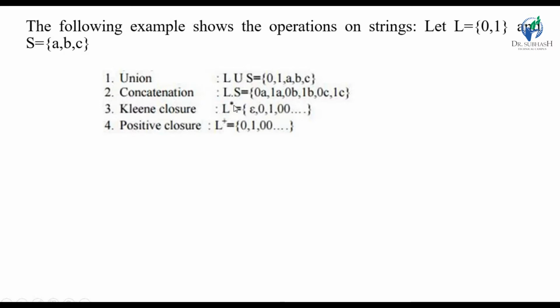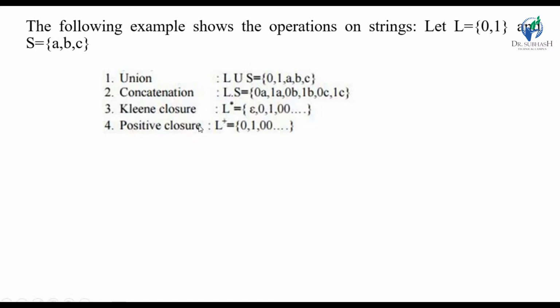It's epsilon. Then if the power is 1, it means either 0 or 1. So 0, 1. If it is 2, then combinations of 0 and 1, which are 0 0, 0 1, 1 0, 1 1, etc.